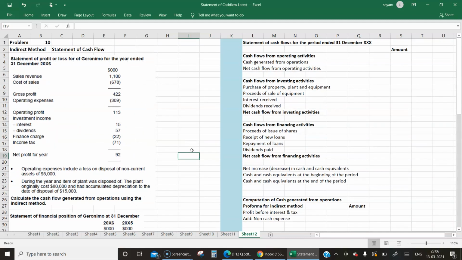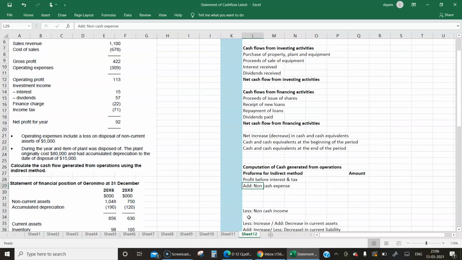So I think we will put it here itself. It's only up to us to show it separately, or we could show it here itself. So better I think we'll show it here itself. First we'll add income tax.